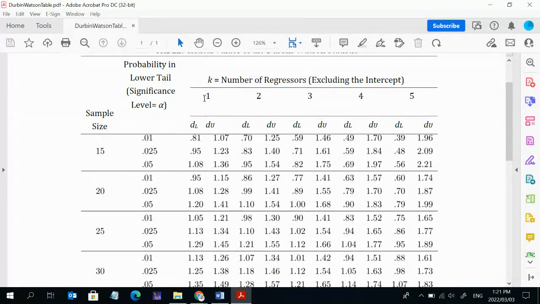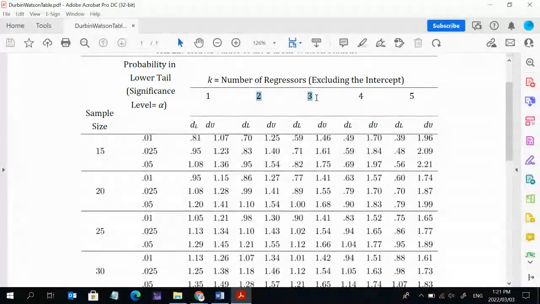It's simple linear regression. So we are going to focus on the column where K is equal to 1.